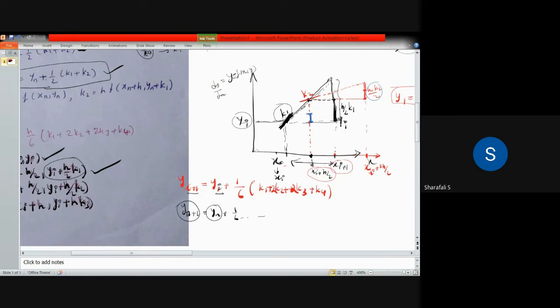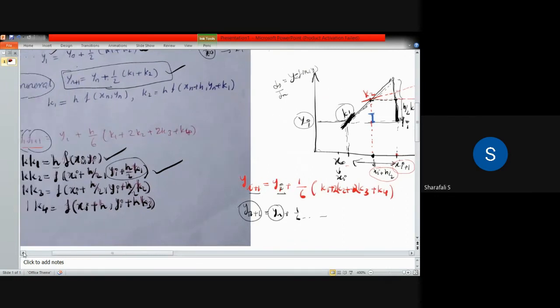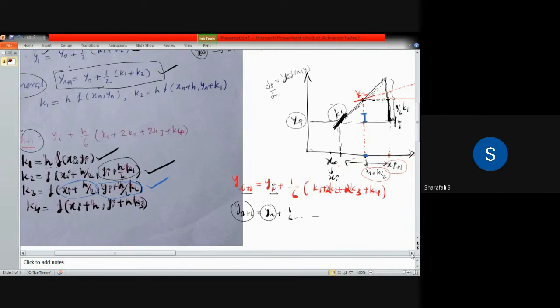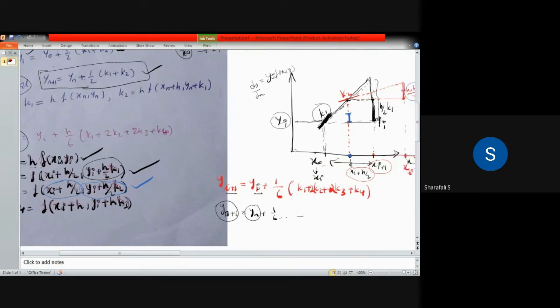Because for K3 also you have to consider the x value as xi plus h by 2. So we consider the same point for x, and for y we consider yi plus h by 2 K2. So what is h by 2 K2? It is this quantity, and only this much you have to consider for y.